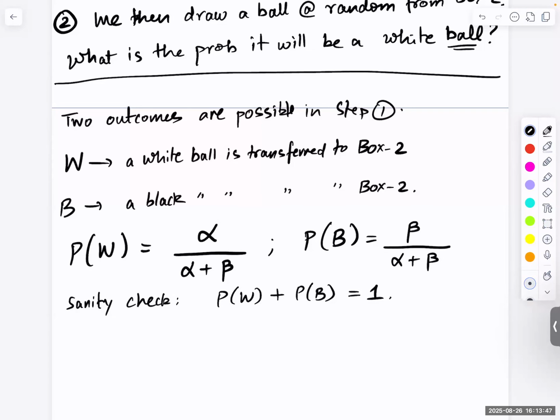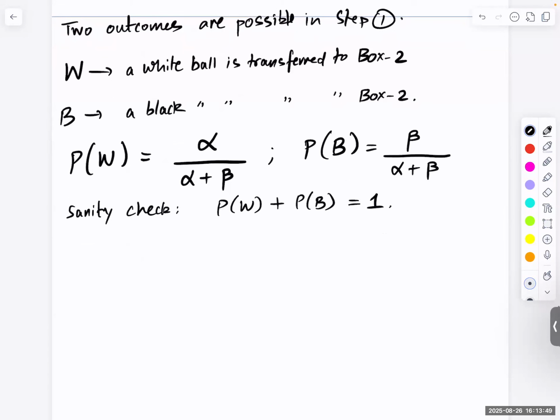Now, a quick quiz for you. First, are W and B mutually exclusive events? Yes, absolutely. If W happens, then B doesn't happen, and if B happens, then W doesn't happen. So the answer is yes.